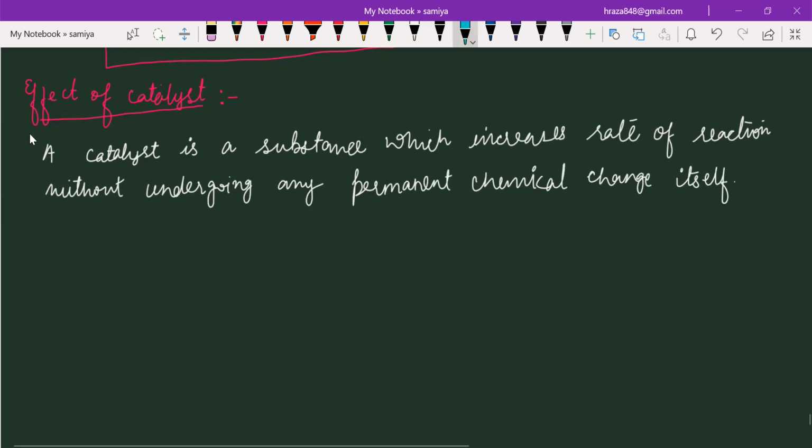So basically, what does a catalyst do? A catalyst increases the rate of reaction, and how does this take place?